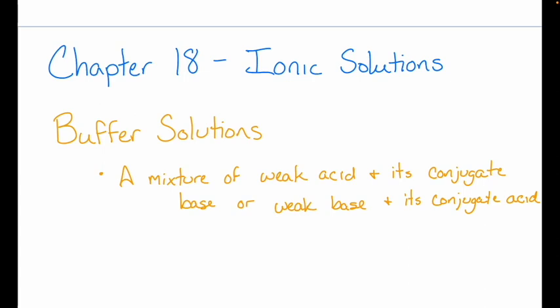All right, and so what is a buffer solution good for? Buffer solutions resist changes to pH. So let's say that we have a beaker of water and we add some strong acid to it.